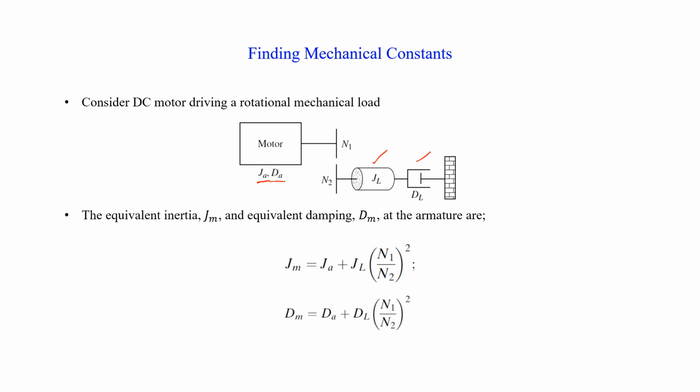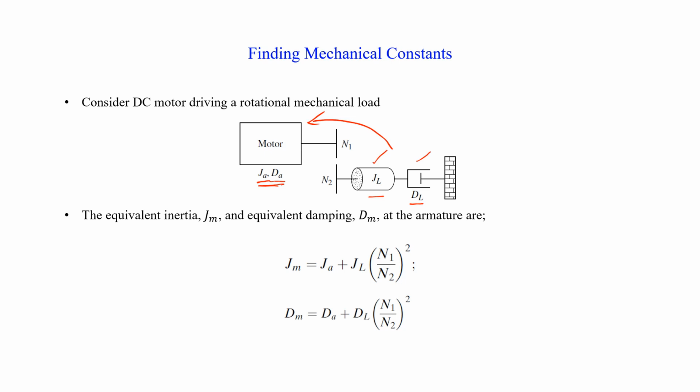The inertia and the damper of the load can be reflected back to the armature of the motor so that they can be combined with the armature's inertia and damper, which will be equivalent to the total inertia and the total damper Jm and Dm respectively.